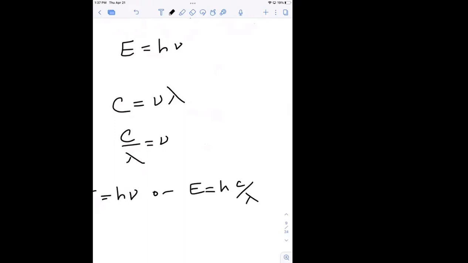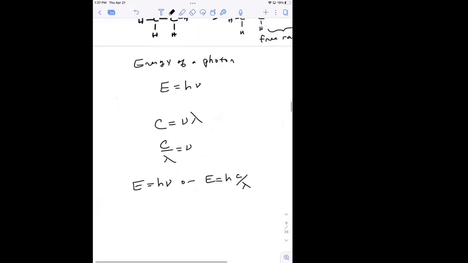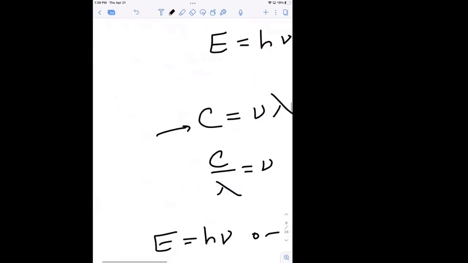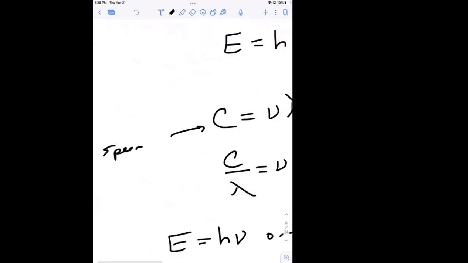Right? Both of those will get you to the same conclusion, right? Both of those will get you the energy of that photon in joules. And remember, c is the speed of light, which is 3.0 times 10 to the 8th meters per second.